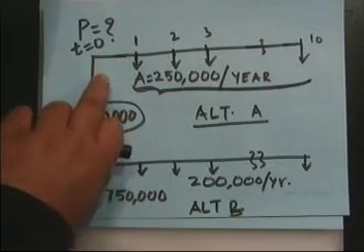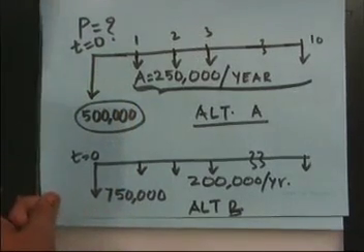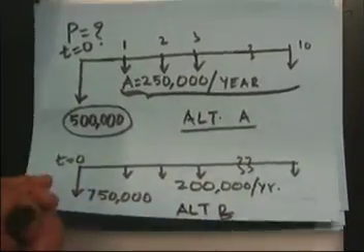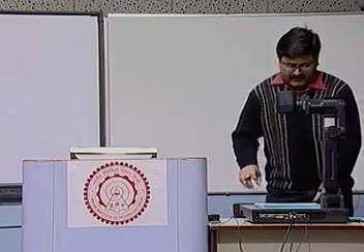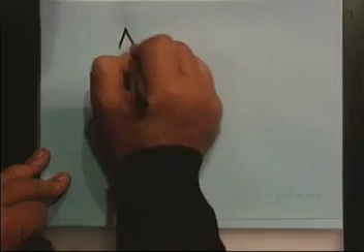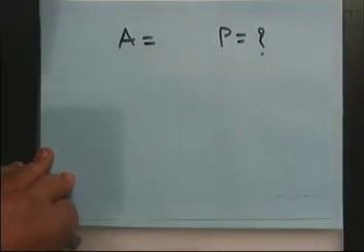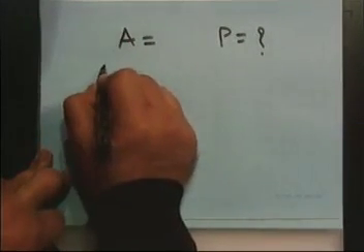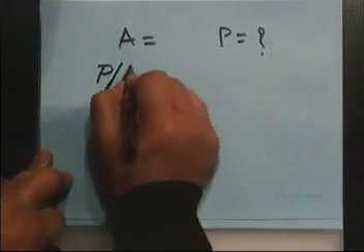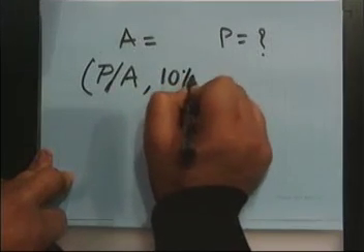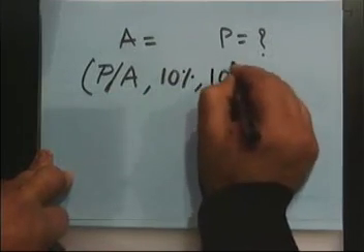So, what factor will I be using? That will be decided by what is known to me and what I am interested in finding. A is known, I am interested in finding P. So, which factor will I be using? P given A, at an interest rate, let us say 10%, for a period of 10 years.